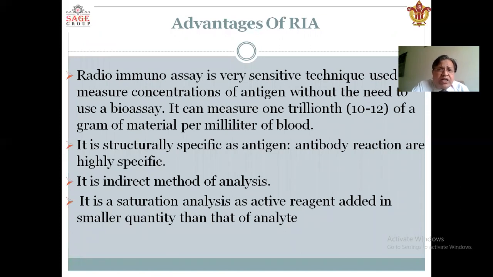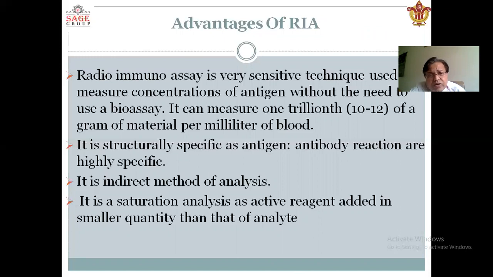Now, advantages of radioimmunoassay. It is a very sensitive technique used to measure the concentration of antigen without the need for bioassay. It can measure 10 to the power of minus 12 of a gram of material per milliliter of blood.